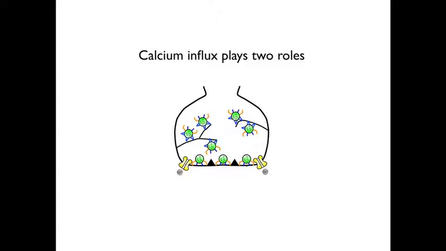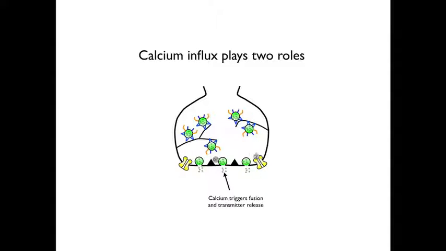Calcium then plays two roles in vesicular release. First, it triggers the fusion of the membranes of the vesicle and axon terminal, thereby resulting in transmitter release.